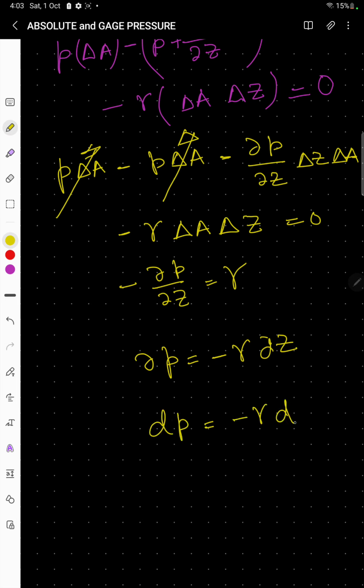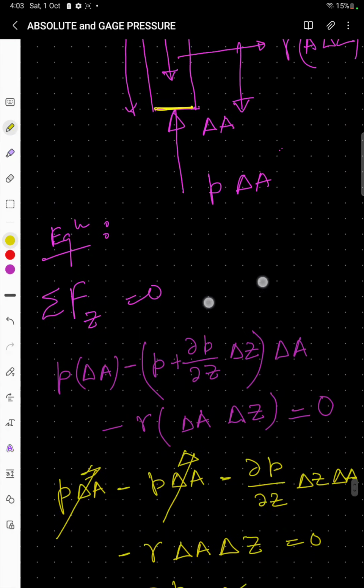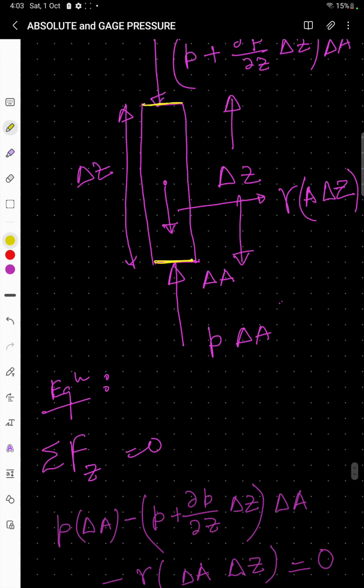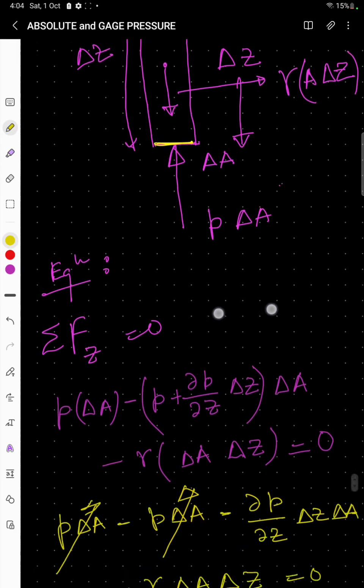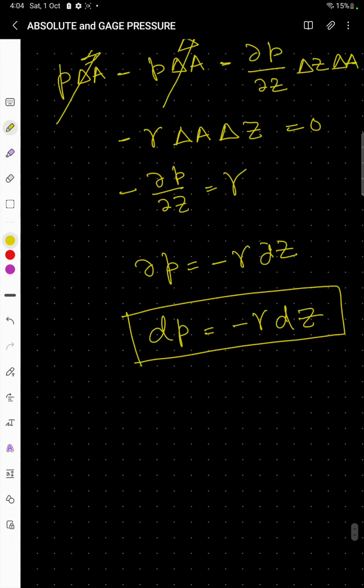If you want to write it in differential form, you can write dP is equal to minus gamma dZ. If you talk about the physical significance of this, it says that once you are moving in the vertical direction, pressure decreases. Del P divided by del Z is minus the specific weight of the liquid, and that is called the pressure gradient.